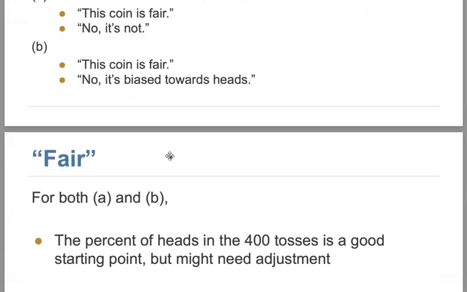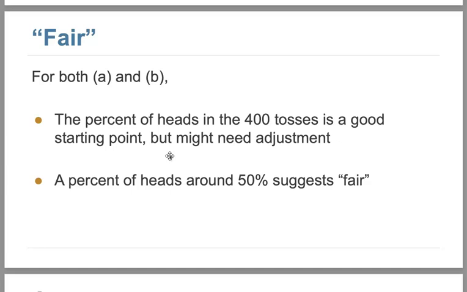So we're moving forward. For both A and B, because we talk about whether the coin is fair, the percentage of heads in the 400 tosses is a good starting point, but might need to be adjusted. To be a fair coin, after the 400 tosses, the chance for heads will be close to 50%. Each toss has a heads or tails outcome.